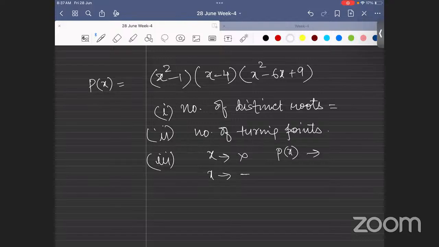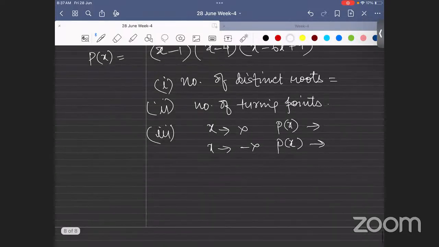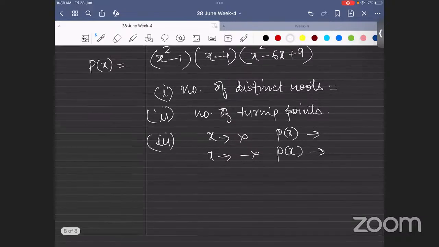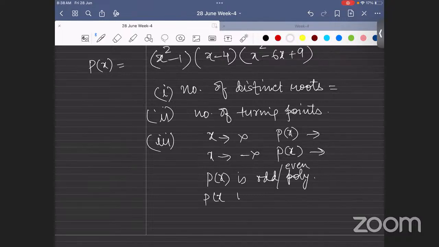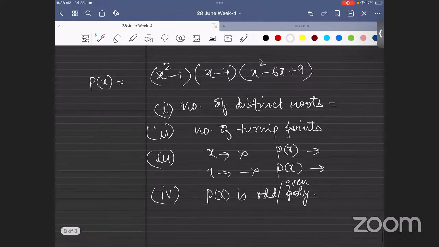As x tends to minus infinity, p(x) is tending to what? And whether p(x) is an even or odd polynomial, that you have to tell me. Odd. Okay, so let's start with the first question.